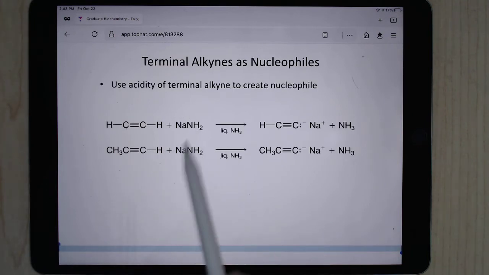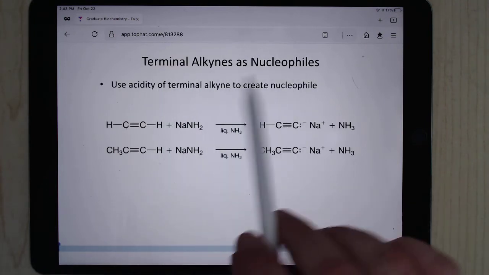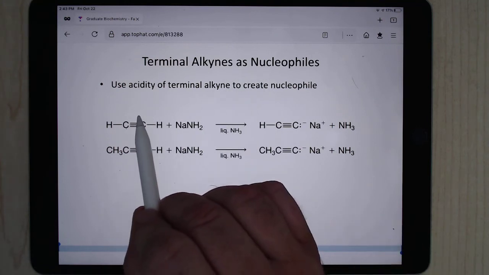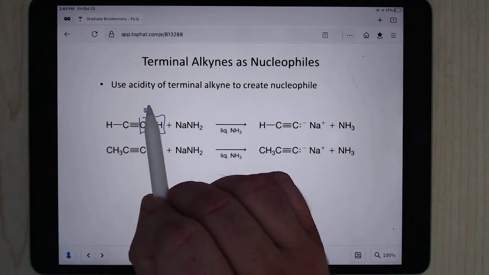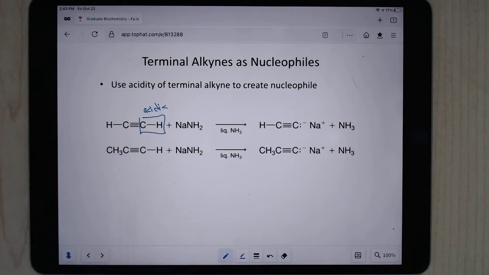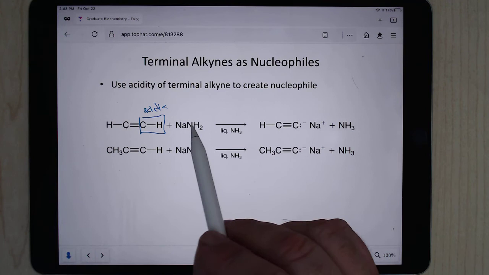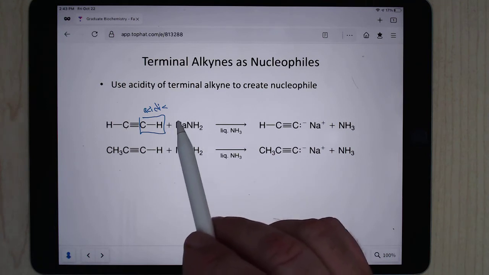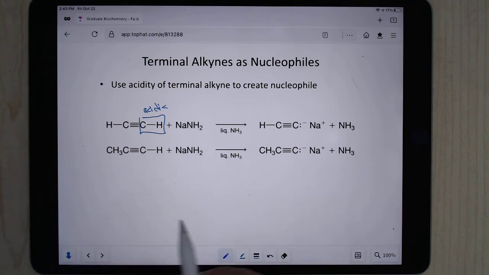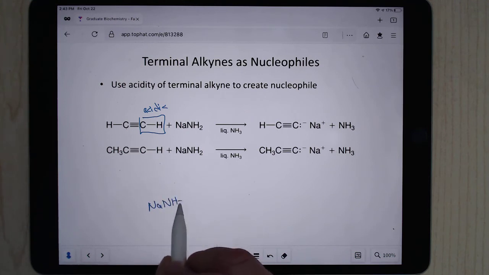Now, one of the things to remember is that with terminal alkynes, this is a very acidic bond when it comes to CH bonds. So you can have a strong base like sodium amide. Sodium amide is this.